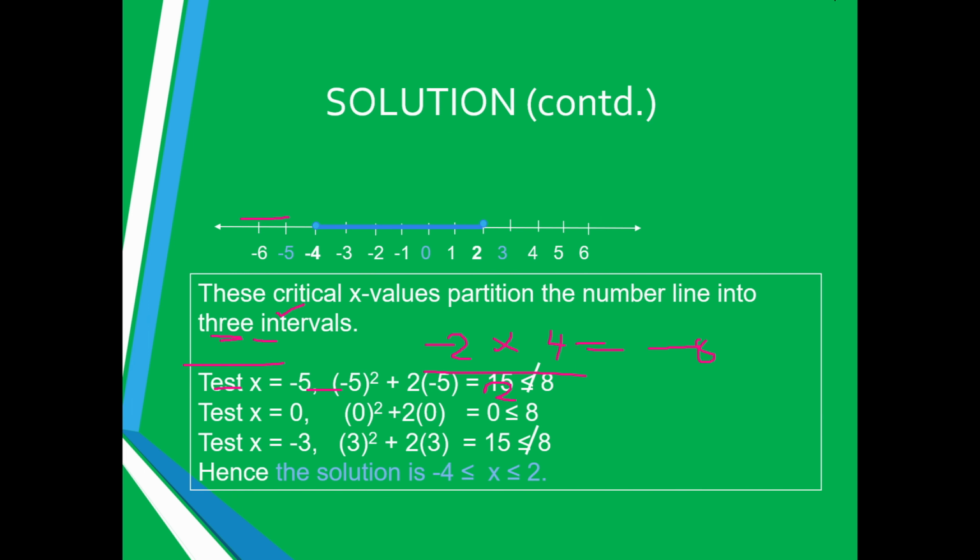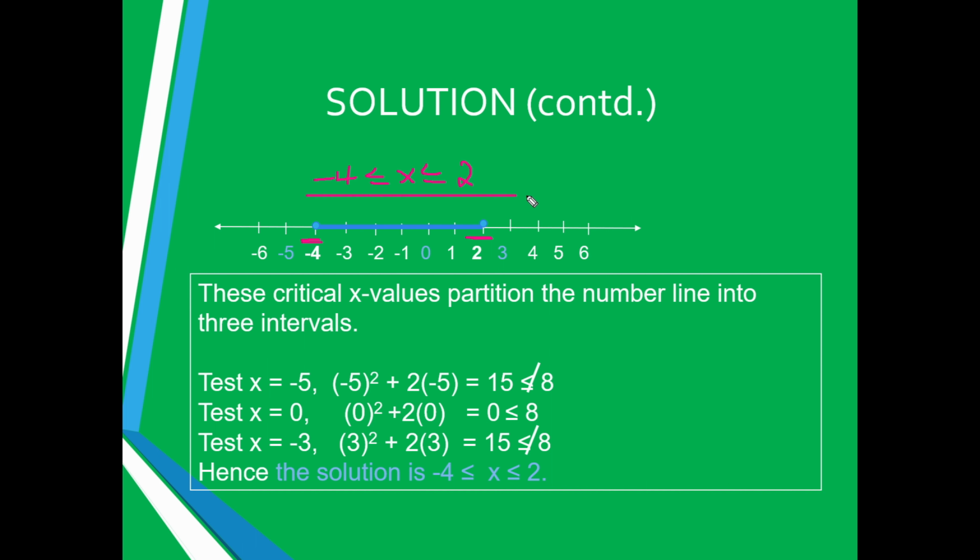This is how we get to the solution, by using a number line to say that the solution will always be from -4 up until +2, meaning -4 less than or equal to x less than or equal to 2. So we are going from negative up until positive. This is the area that we have as our interval within the given critical values, right?